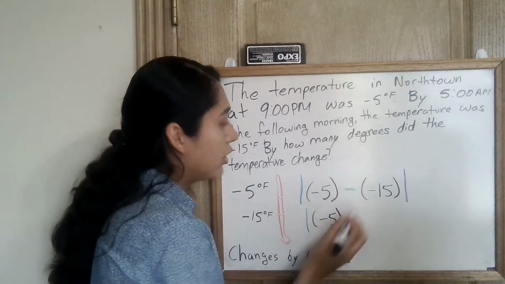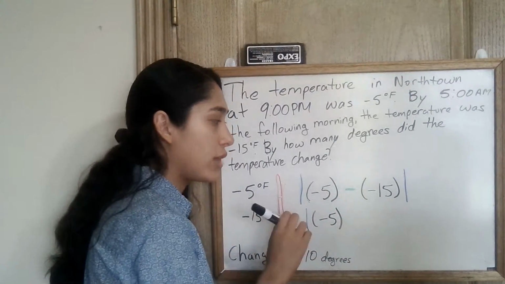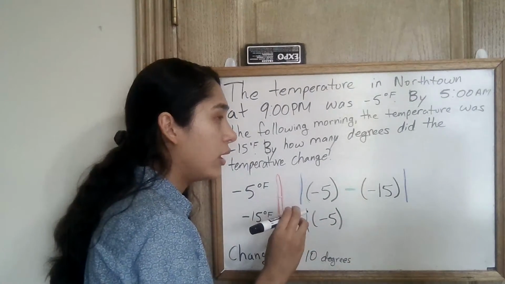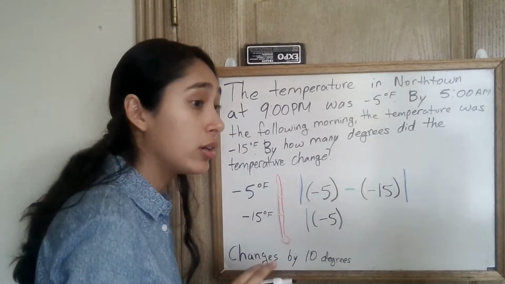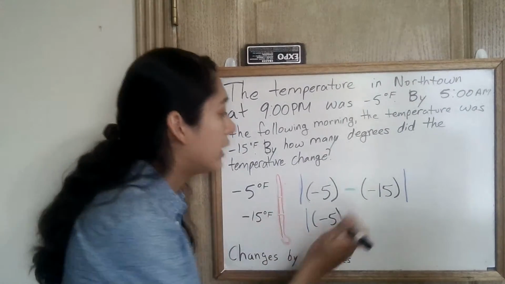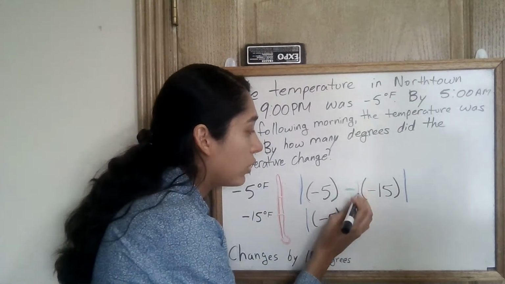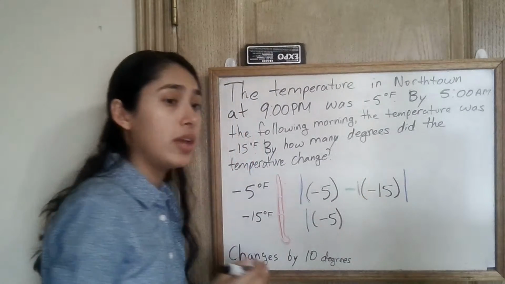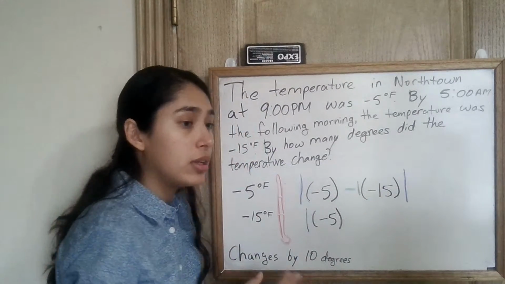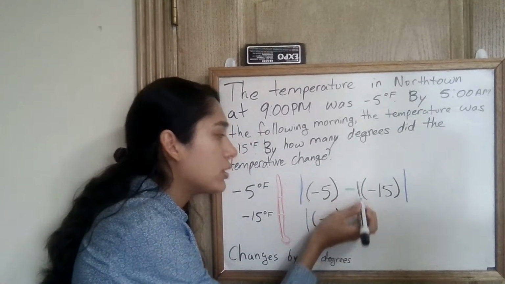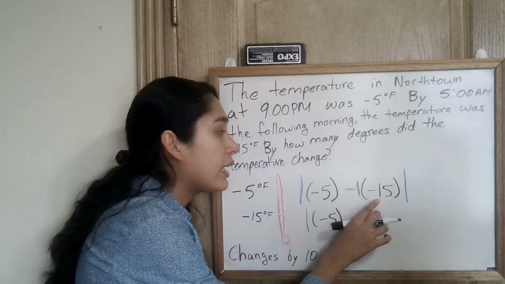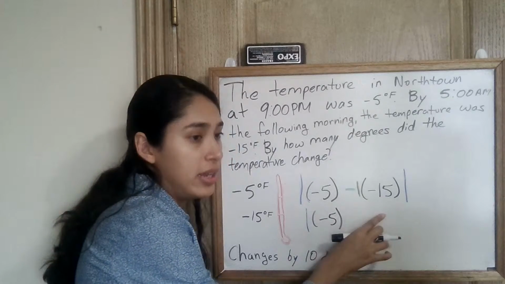Check it out. Remember how I said whenever you're subtracting by something and there's no number next to it, it's actually an invisible one. Because if you multiply by 1 or divide by 1, it's always going to be the same value. So really, we're multiplying -15 by a -1.